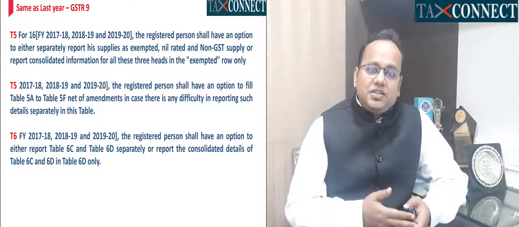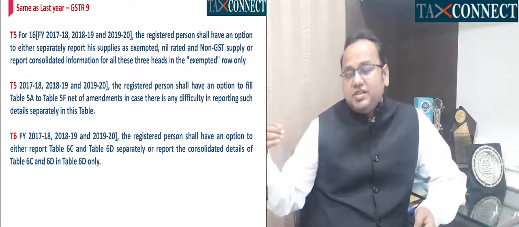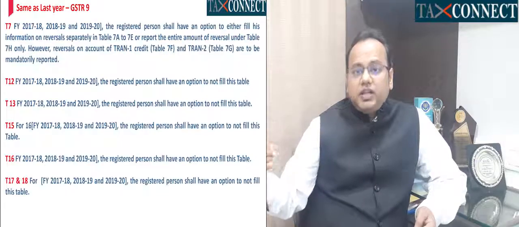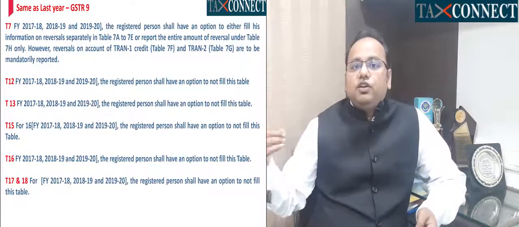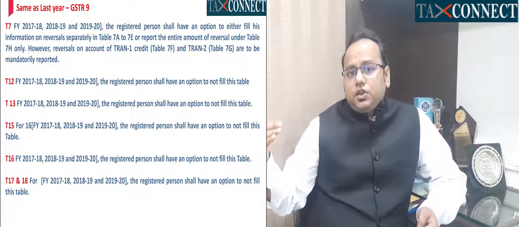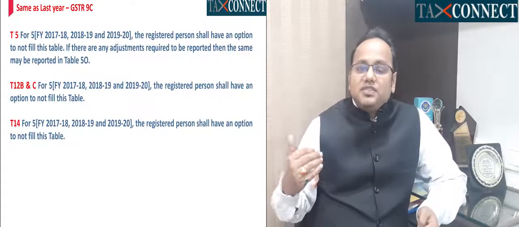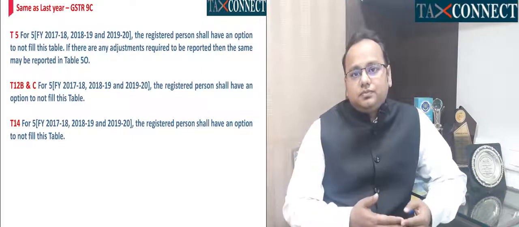All other relaxations pertaining to table 4, 5, 6, 7, 12, 13, 14, 15, 16, 17, 18 of GSTR 9 and 5, 12 and 14 of 9C are the same as in 17-18 and 18-19.